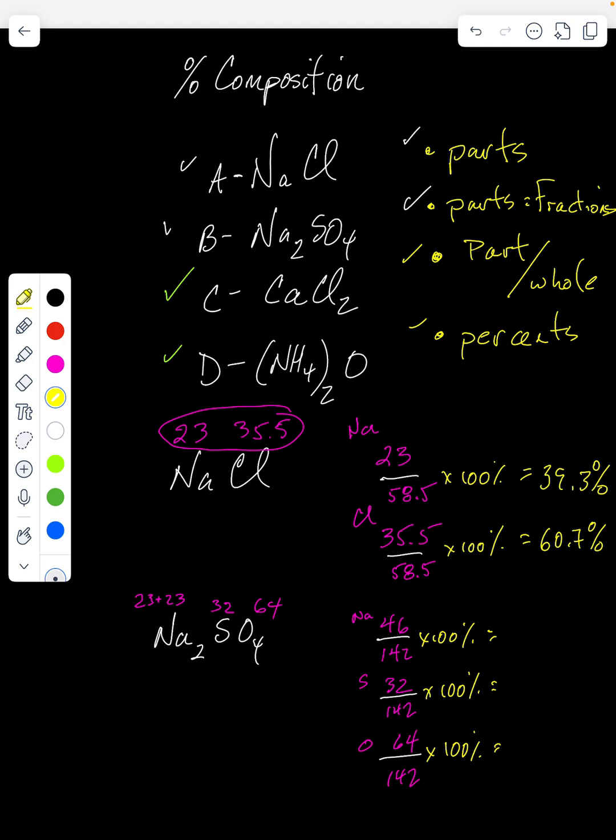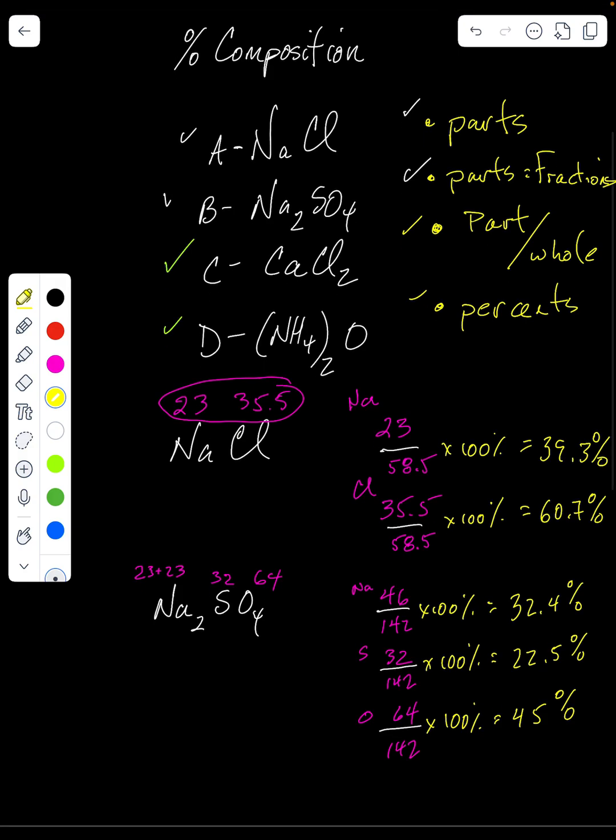This is going to be 32.4%. This next one, 32 divided by 142, and this is 22.5%. And this is going to be 45%. All right, I think that we're making good sense.